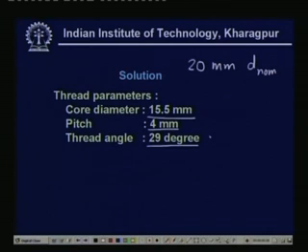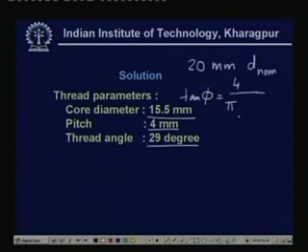So, therefore, we know the phi, that is tangent phi will be equal to pitch, it is single threaded, tangent phi is 4 divided by pi times the pitch diameter.